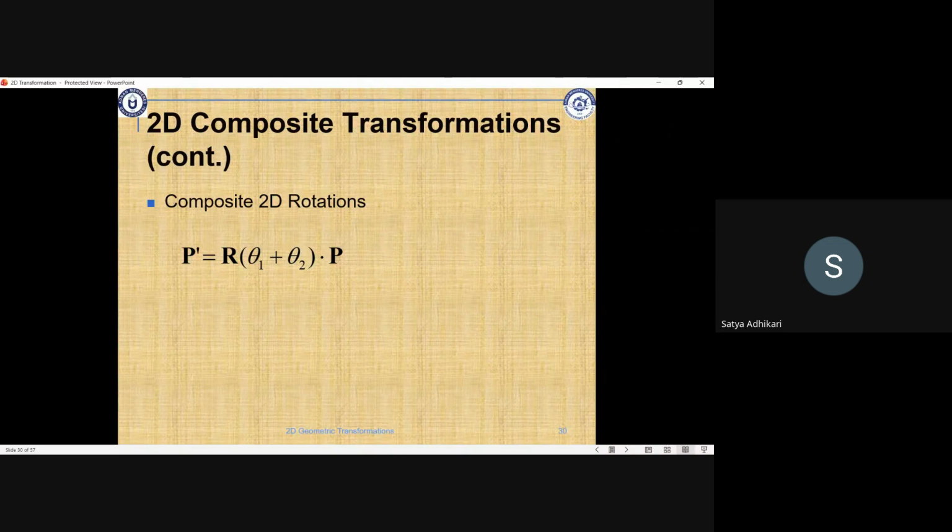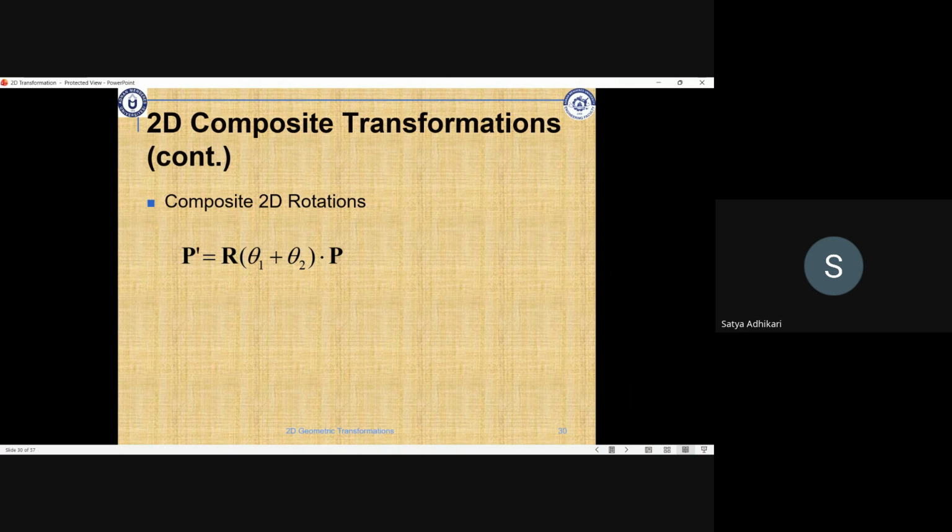Here we find P dash using a single operation only. We need not perform the operation twice. Suppose we have to rotate an object 10 times or 5 times or thrice. You need not perform the operation 5 times.